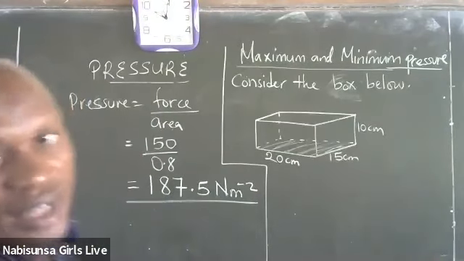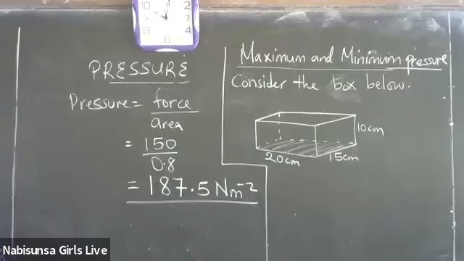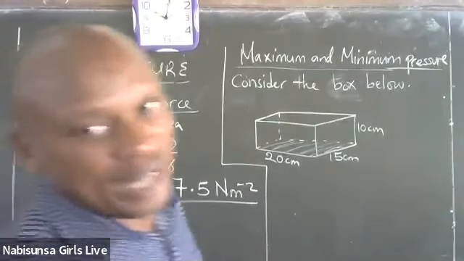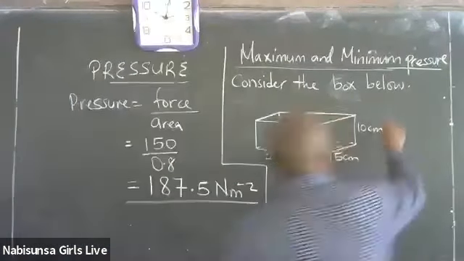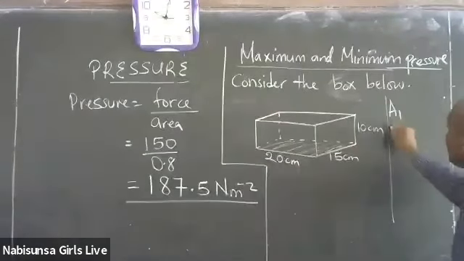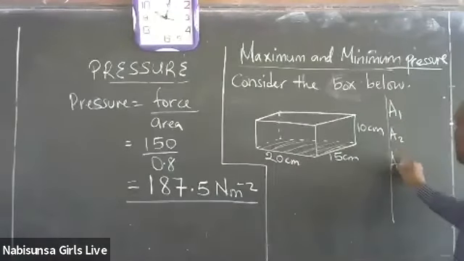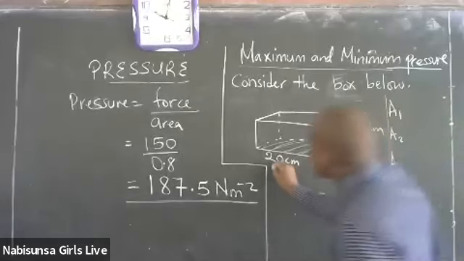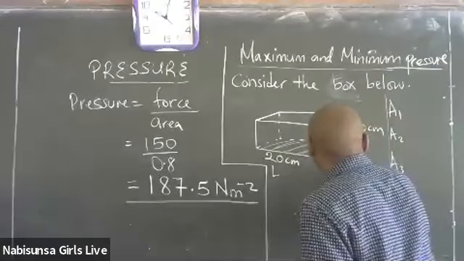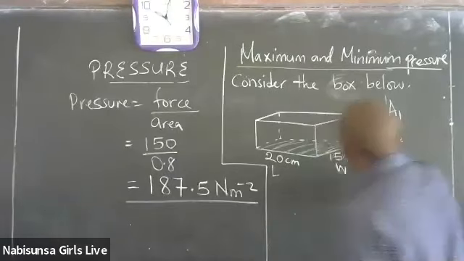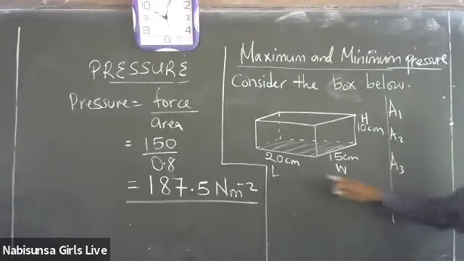If you look at that box, which of its sides is resting on the floor? What is the area that is resting on the floor? By the way, how many areas do you have in this box? Let me say area 1, area 2, area 3. This is length, width, and height.